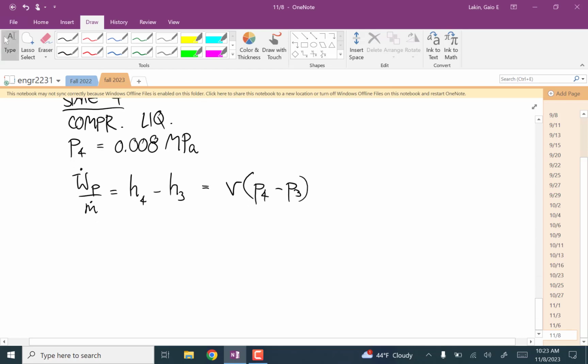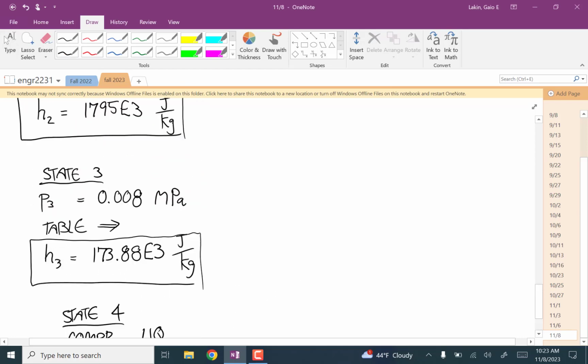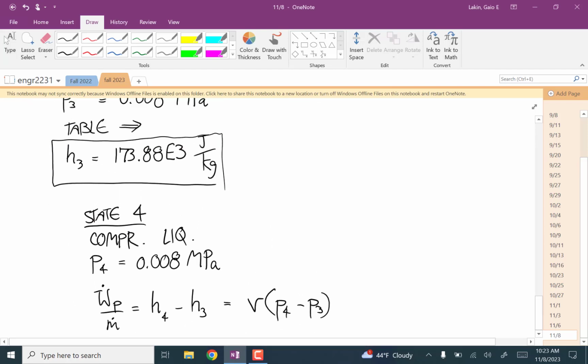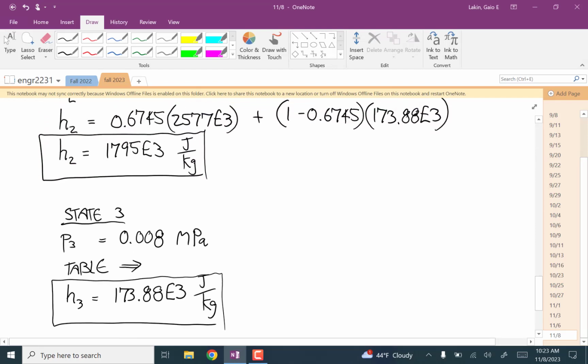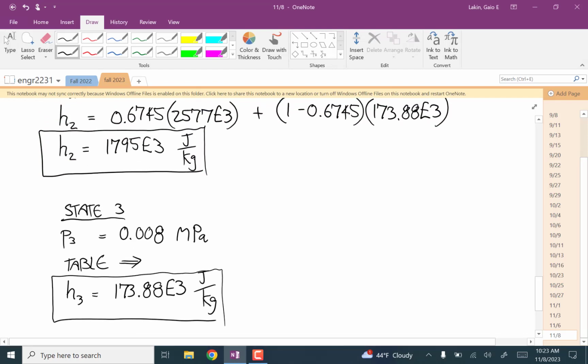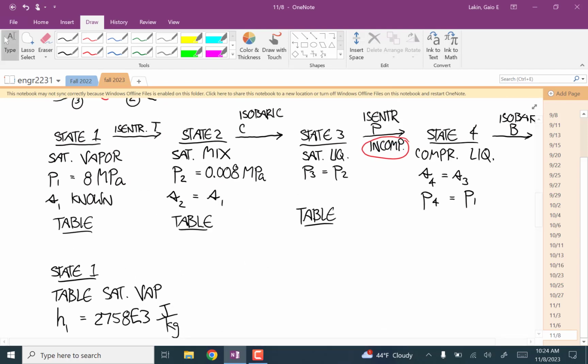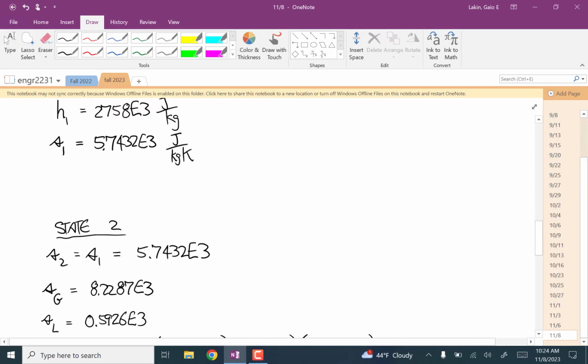Okay, so we know H3, we know the specific volume, we know the pressure at state 3, and just making sure that's isentropic.